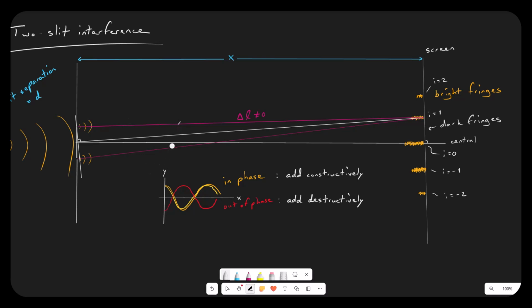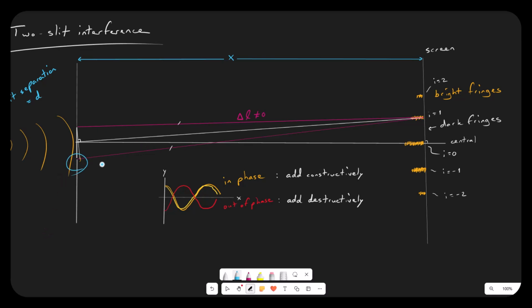This side and this side are the same, but there's a difference that comes in right here.